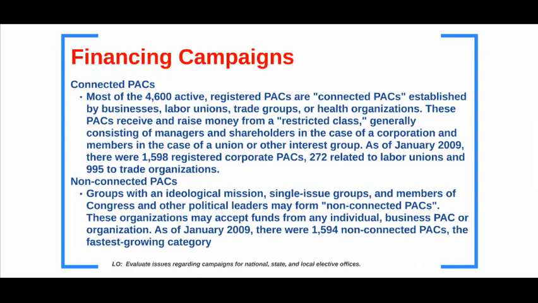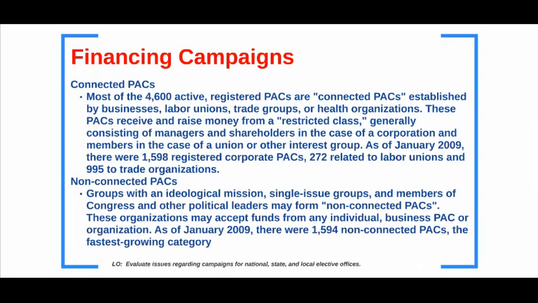As of January 2009, there were 1,598 registered corporate PACs, 272 related to labor unions, and 995 to trade organizations.